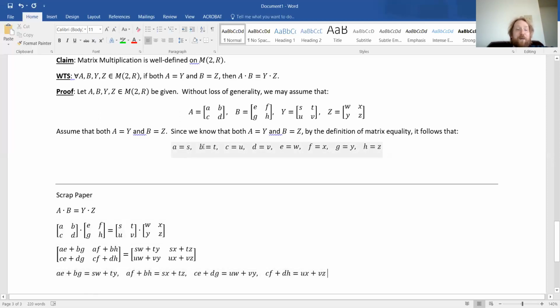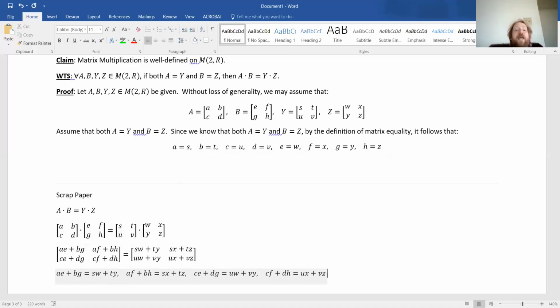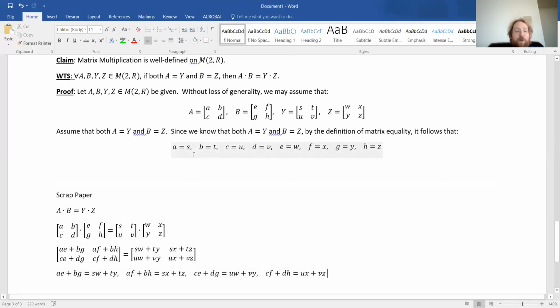The fact that B equals T and G equals Y gives me BG equals TY from the fact that multiplication is well defined. So you see, I'm going to use ordinary multiplication as well defined to get various products of numbers that are equal. And then I'm going to use the fact that addition is well defined to get various sums of products that are equal, to build up that all of these entries are equal. I will do that on the next video.